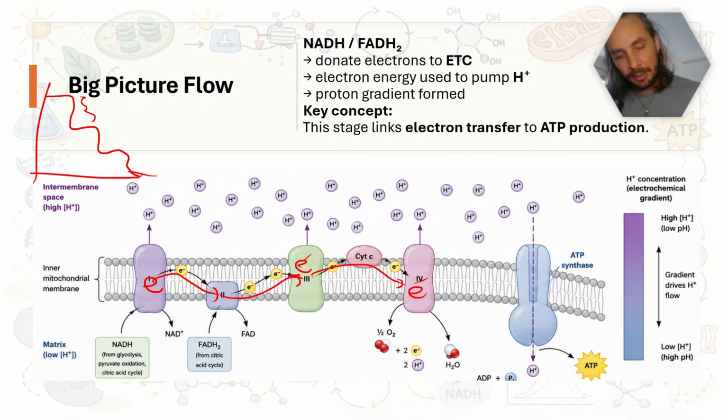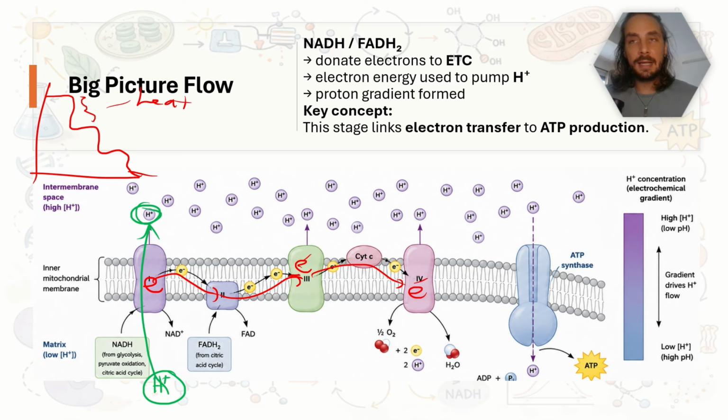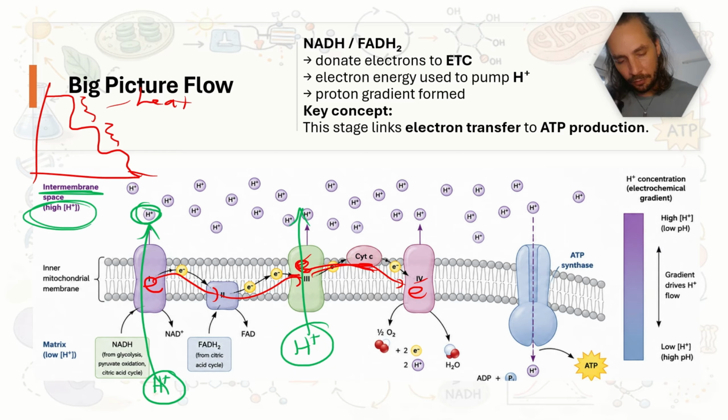Now, instead of this energy being lost as heat, it is used to pump hydrogen ions through this complex to the intermembrane space, where we'll have a very high concentration of hydrogen ions. So every time these electrons move from one complex to another, they fall in energy level and use that energy to pump out more hydrogen ions.